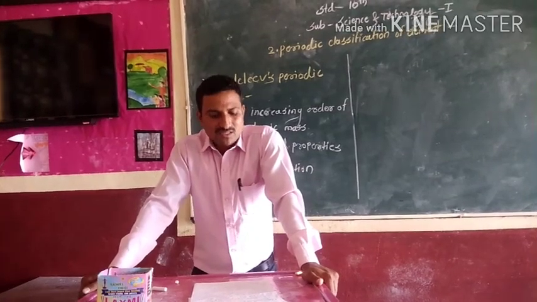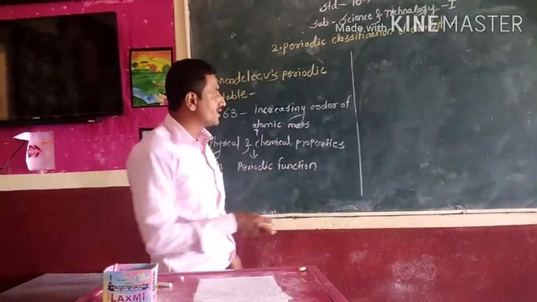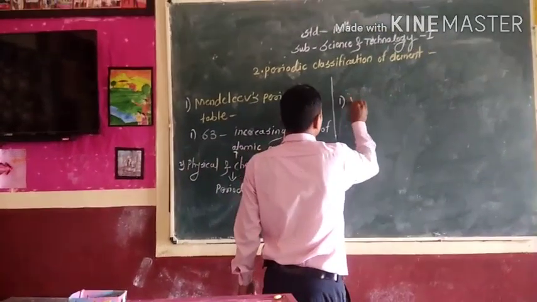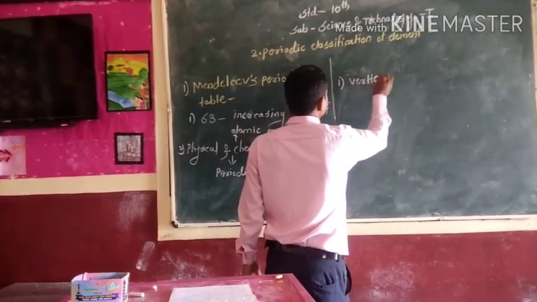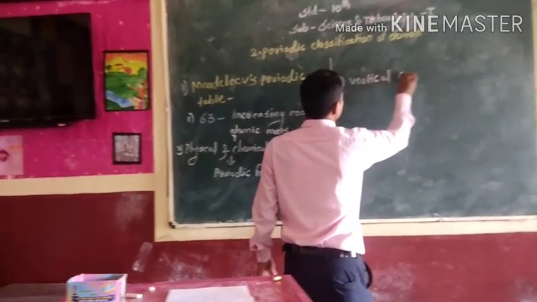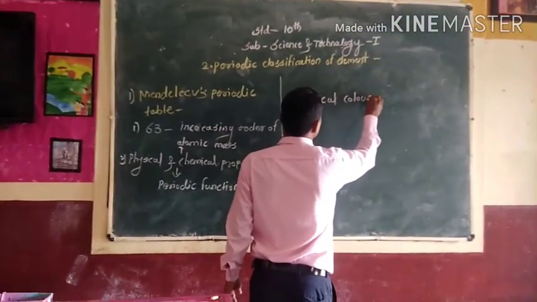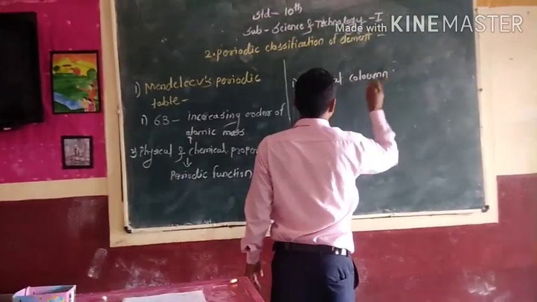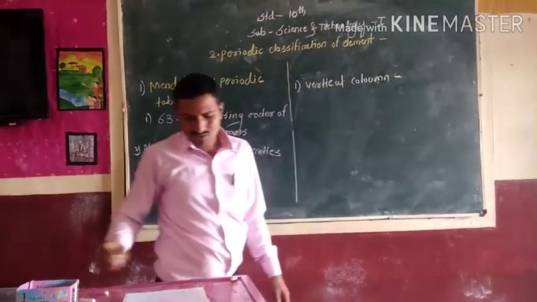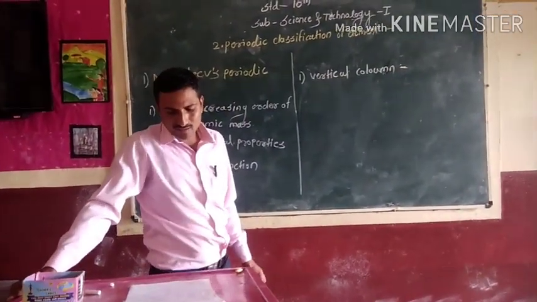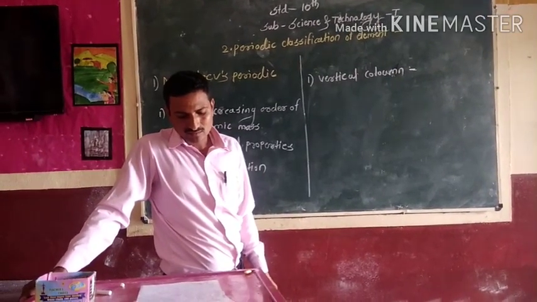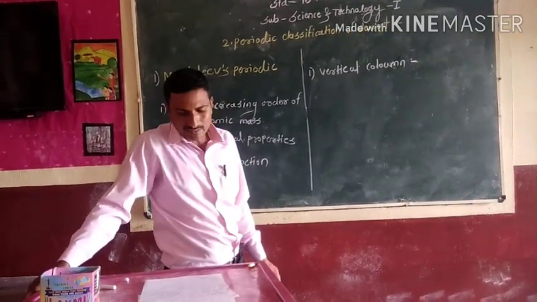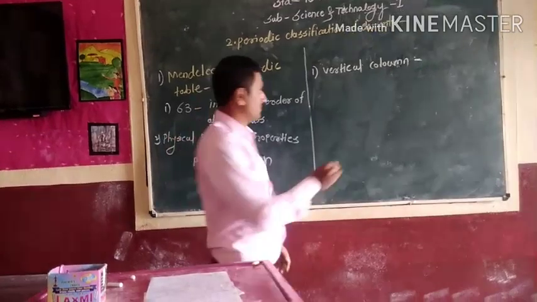In the Mendeleev periodic table, there are vertical columns and horizontal rows.